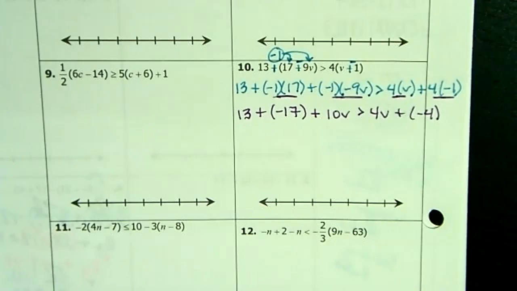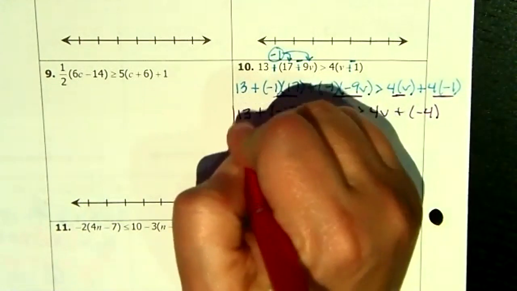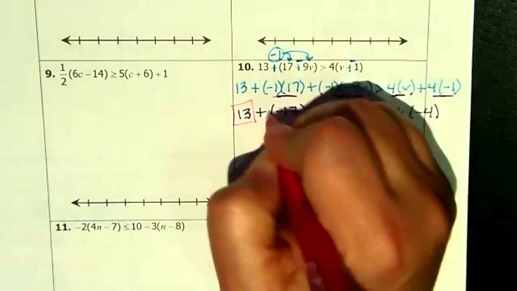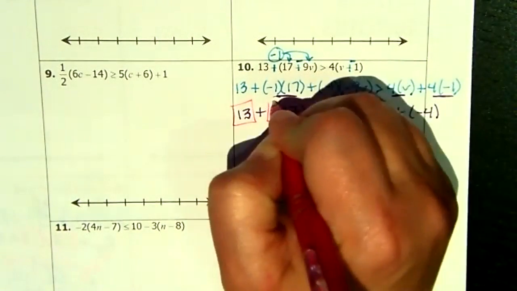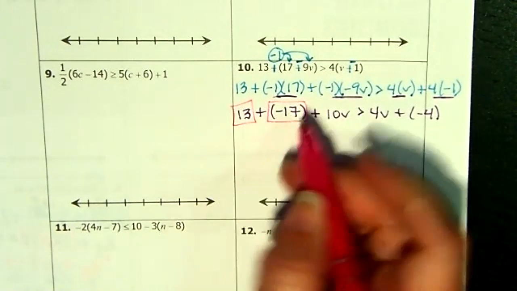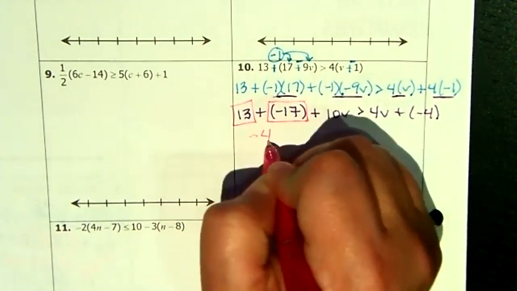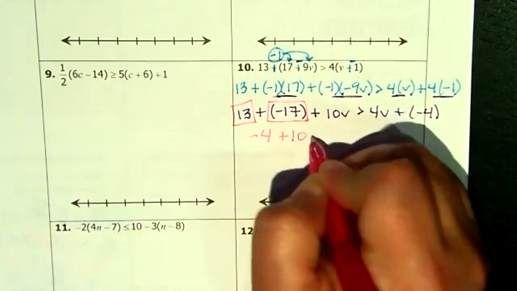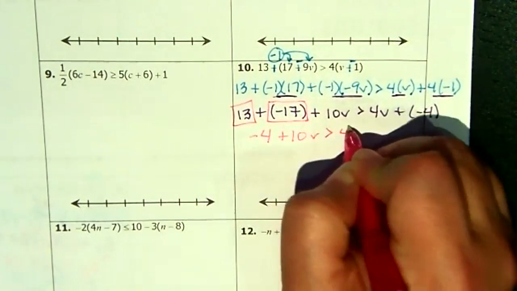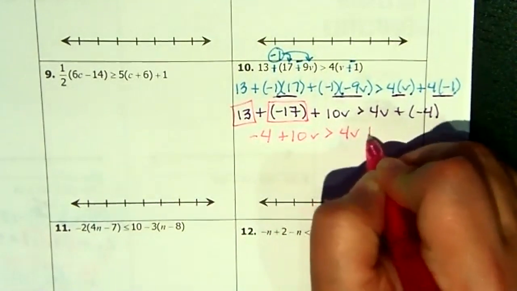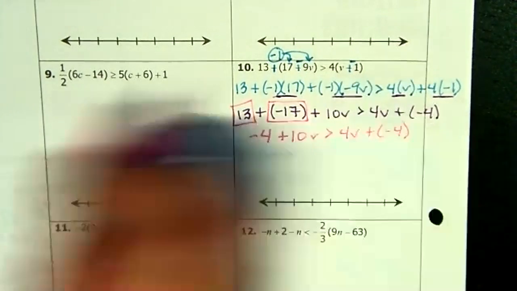And now we simplify. My constants over here, they're doing battle, and the negatives win, so I end up with a negative 4 plus 10v is greater than 4v plus negative 4.